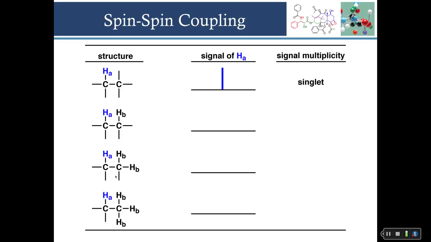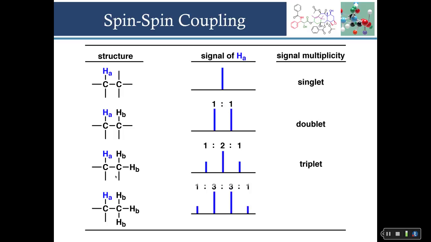But in the event that HA has one nearest neighbor, HB, we are going to see HA split into a doublet. And correspondingly, we will see that HB is also split into a doublet by HA. If we go to two hydrogen nearest neighbors that are identical, importantly, both are HB, chemically equivalent, we should get a triplet.